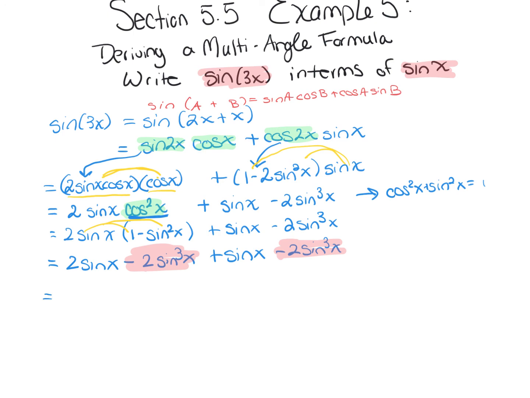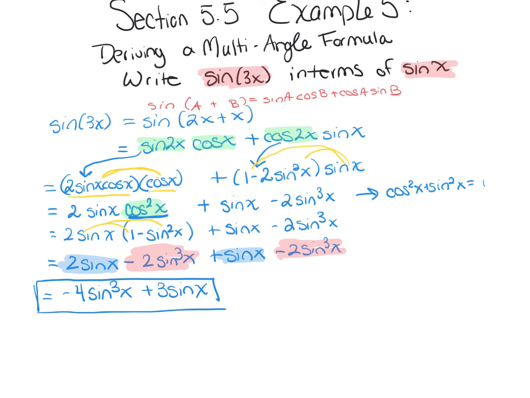It makes negative 4 sine cubed x. And then this 2 sine plus 1 more sine makes plus 3 sine x. I have done what I was told to do. I've gotten rid of everything but sines, and I have no multi-angles. So there is the problem.